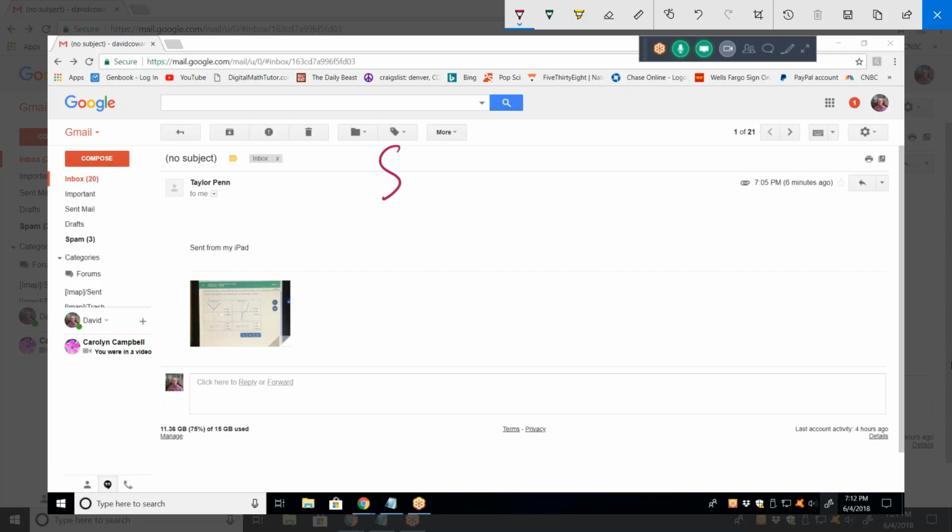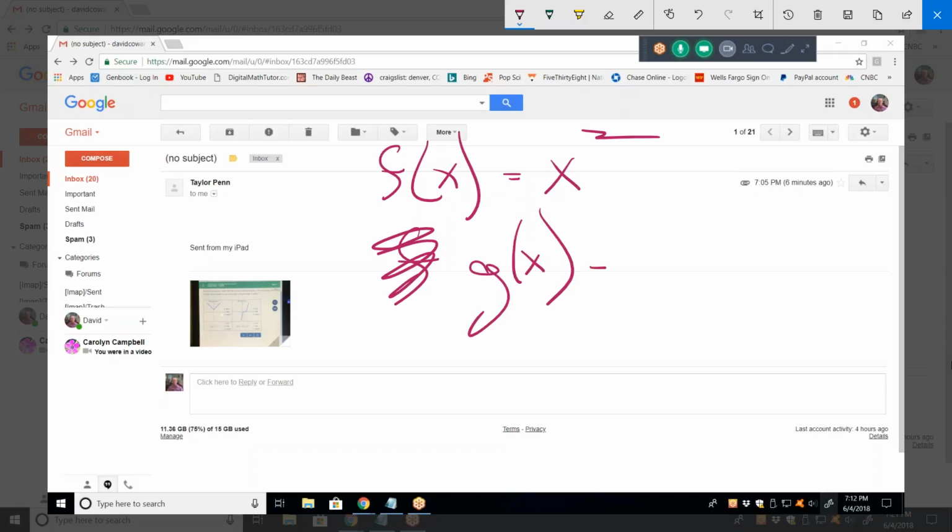In other words, if I have this, and I said, well, what is this? g of x is negative x squared. That negative is outside. That is negative g of x.